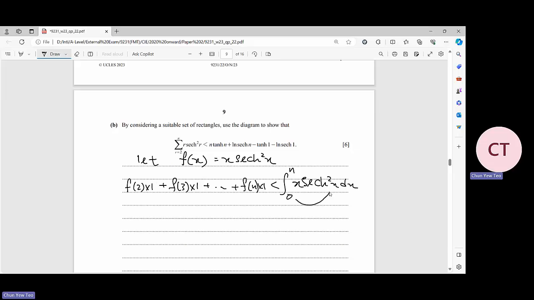Sec square, if you put 0 inside, no problem. But in the question, you can see from the result over here that they want this value to be a 1, and this value to be an n. So it's actually telling us that we want the integration from 1 until n.